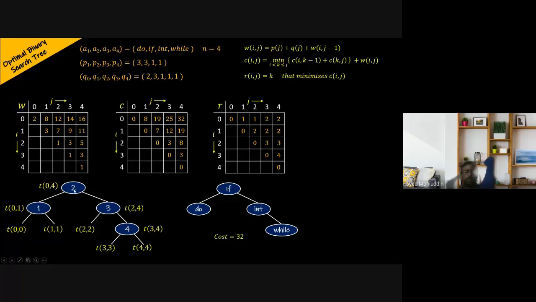Now replacing these numerical values of 2, 1, 3 with A1, A2, A3, all these indices, we get this as the tree with F as the root node, do as its left child, int as if's right child, and while as int's right child, and its cost is going to be 32. So this is how the optimal binary search tree is computed.